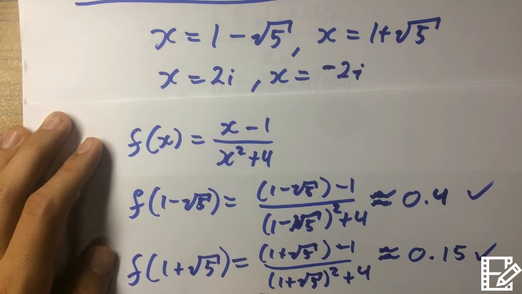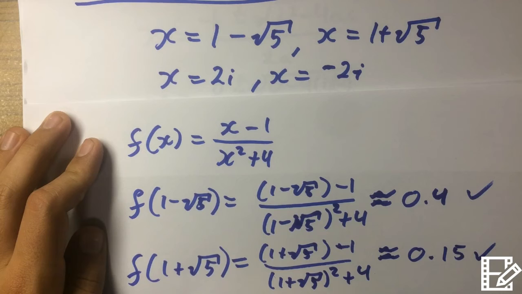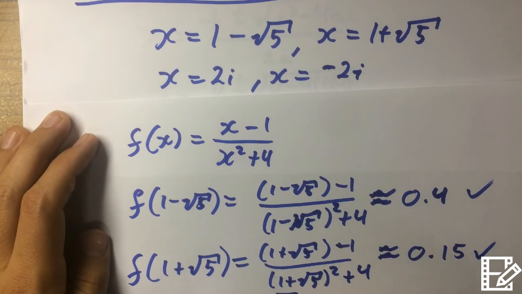And now for this one, we have 2i, which means we sub in 2 multiplied by the square root of negative 1, minus 1, and then we have (2 multiplied by the square root of negative 1) squared plus 4.